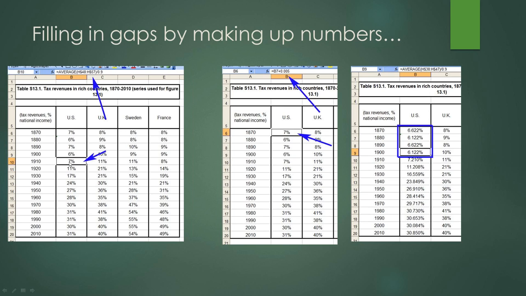If you look right here, he has a percentage of national income, a percentage of GDP that's made up by tax revenue in 1910. Prior to 1910, though, you see it pivots between 7 and 6. This isn't real data. He actually fabricated those numbers out of thin air. And you can find this by going into his formulas.